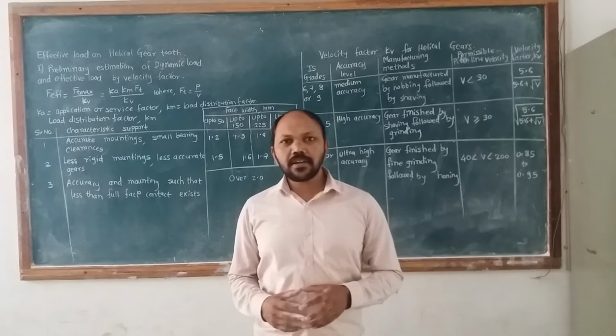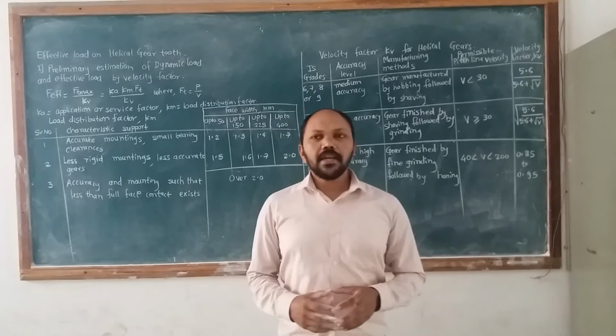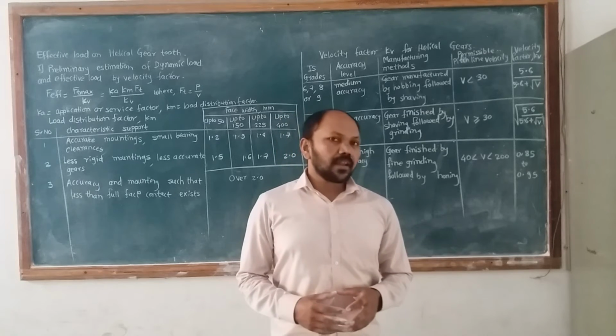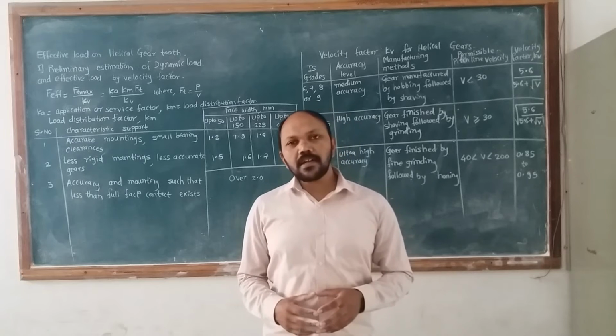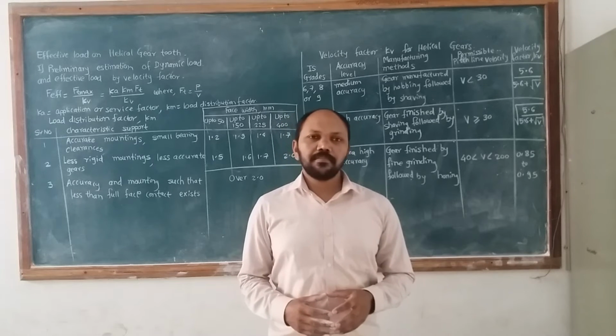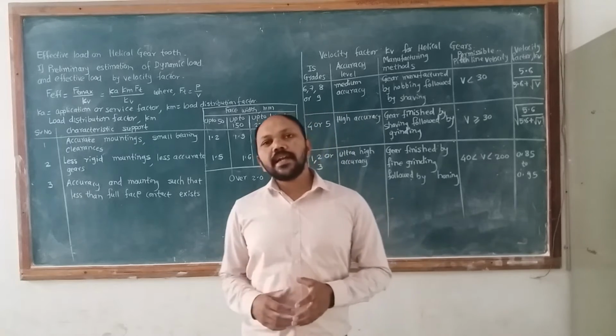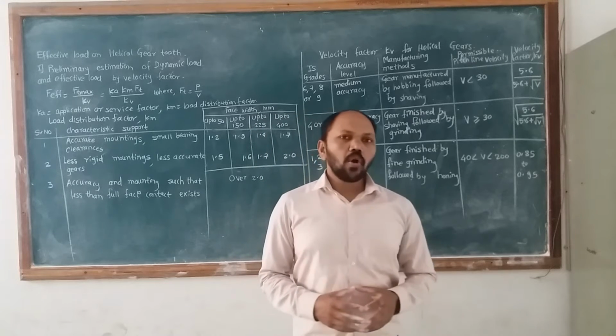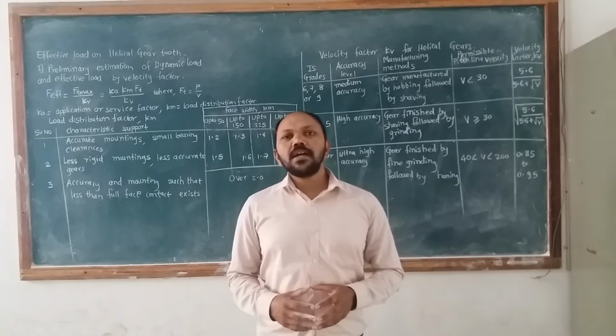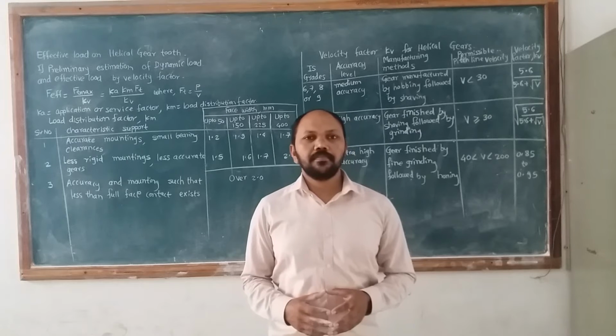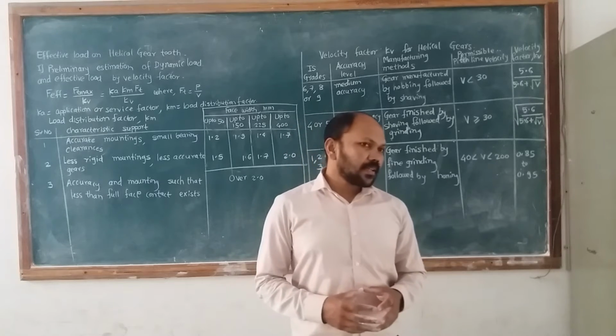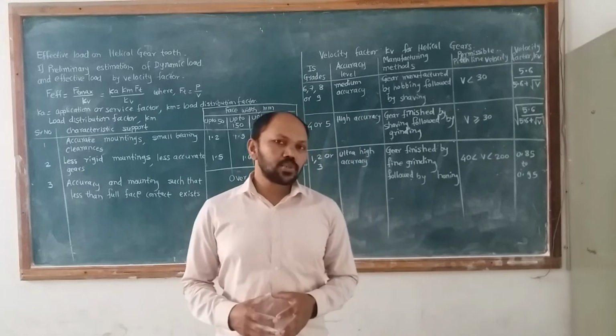These velocity factor relations were developed by a scientist named Barth, so it is also called the Barth factor. Here we indicate the Barth factor or velocity factor by the symbol Kv. In some books they use the symbol Cv also.